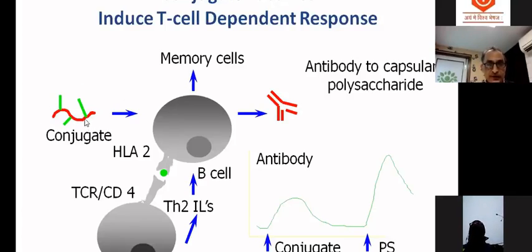They will conjugate it with a tetanus protein, with a diphtheria protein, or with some other bigger molecule like aluminum hydroxide, so that it is bulky. With the bulk, with increasing molecular weight, it is more immunogenic. So it evokes both a B cell response and a T cell response.